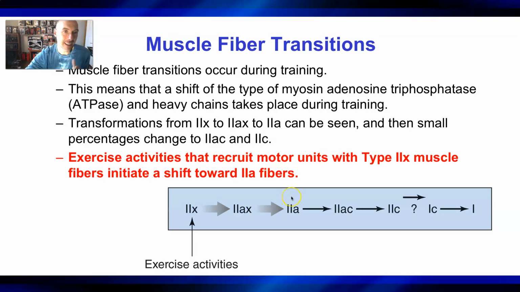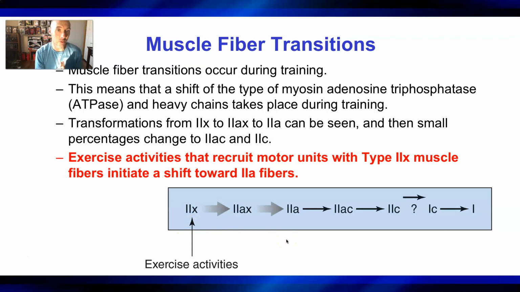So I've read books where people have referred to the type 2A as a super fiber because it's the best of both worlds, can produce a lot of force and also resist fatigue, where the two fiber types on the outside of this continuum, 1 and X, are kind of the either-or, where the type 2A is the best of both worlds.